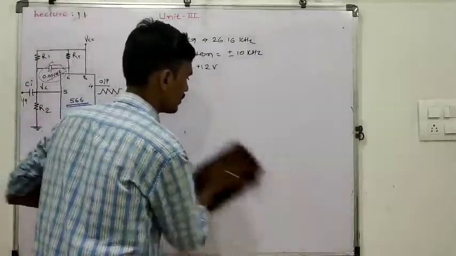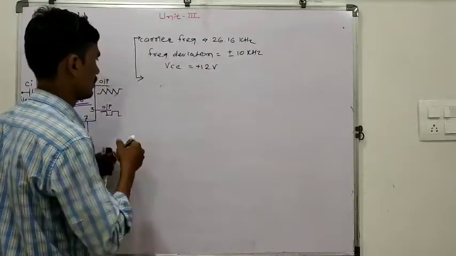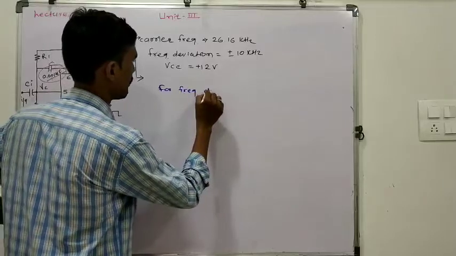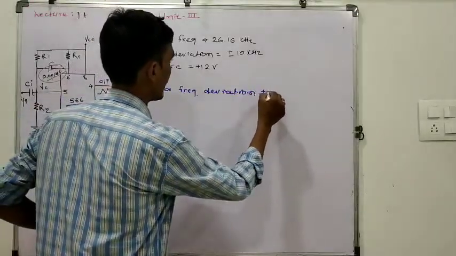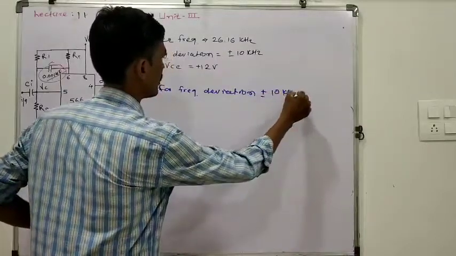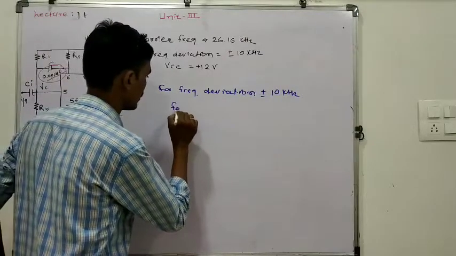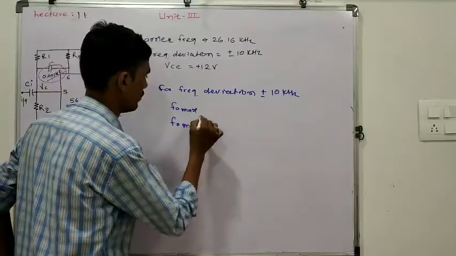Now here for frequency deviation, that is plus minus 10 kilohertz, we get two frequencies, that is F0 max and F0 min.